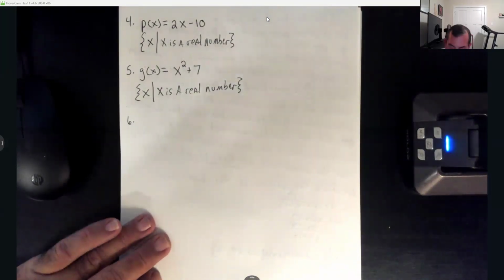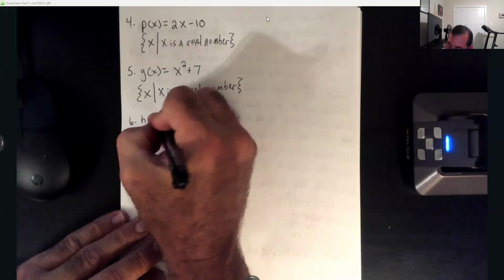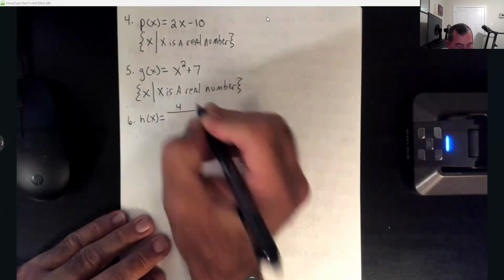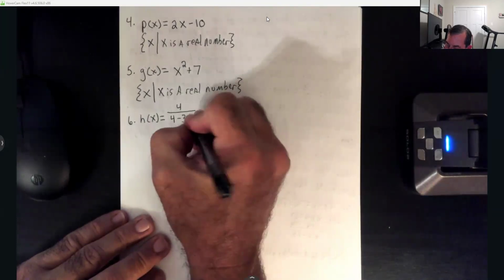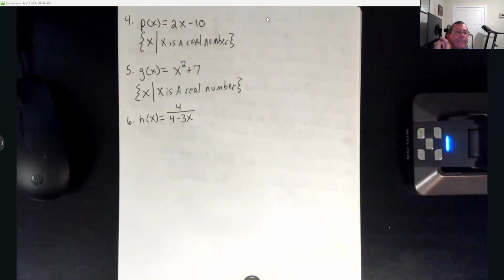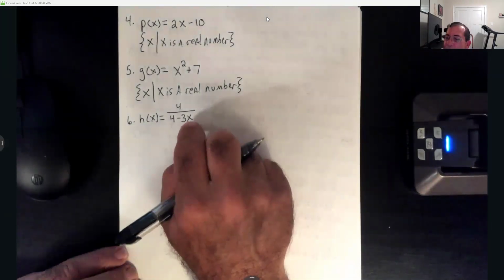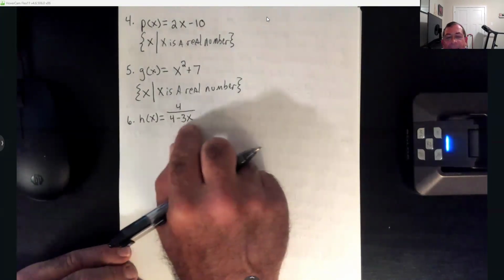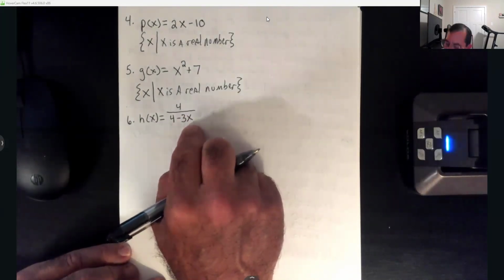All righty. How about h of x equals 4 over 4 minus 3x? Well, this one can't be all real numbers because I got a fraction with a variable in the denominator. So we'll set that equal to 0 and see what value to kick out for that x, okay?